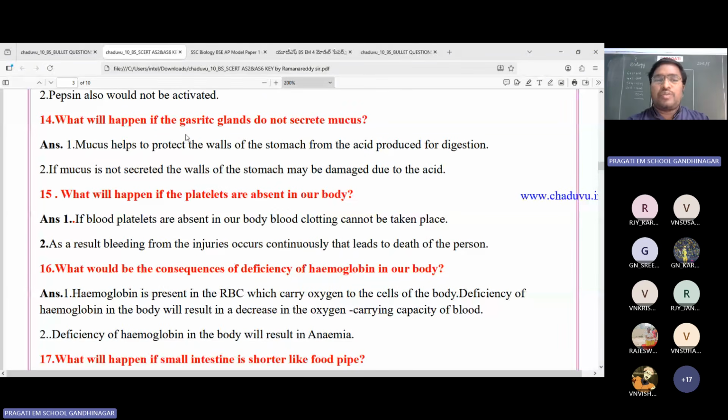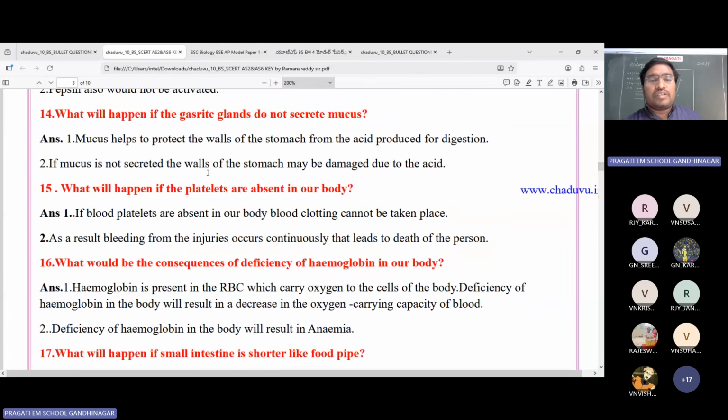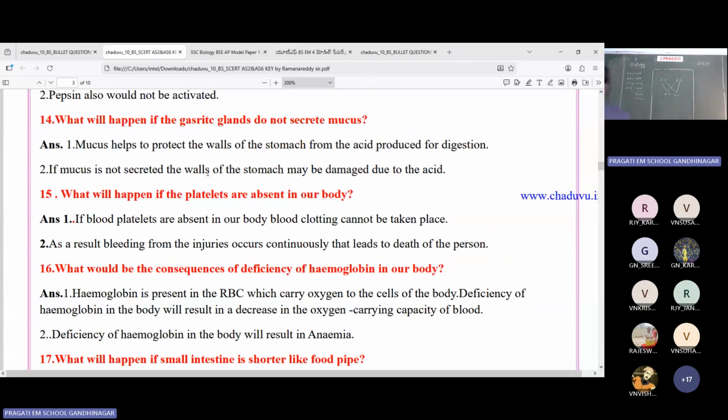Next important question: what will happen if the gastric glands do not secrete mucus? Mucus is a very helpful component. Once look at the answer, children.